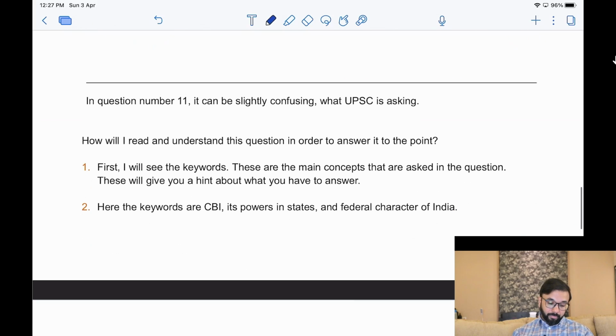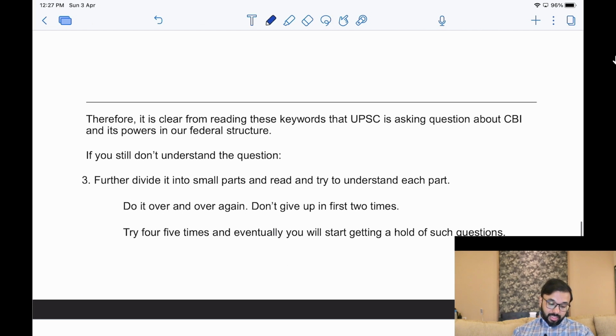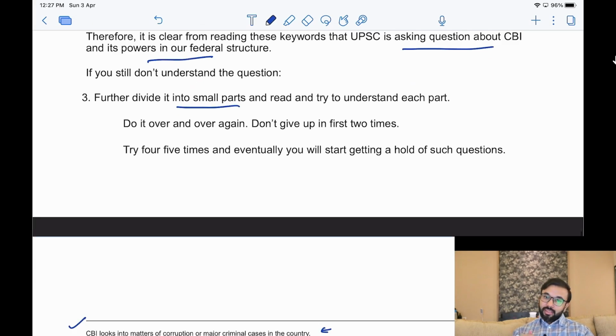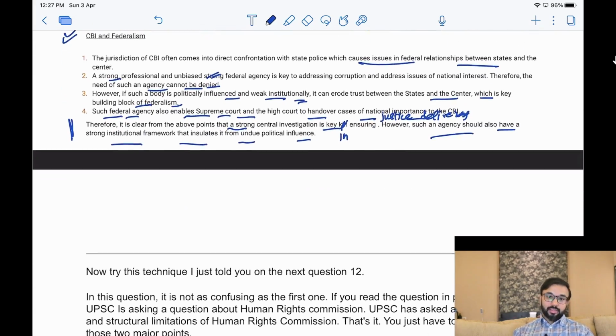So first I saw the keywords, I defined the keywords, then I knew the question is about simply CBI and the federal structure of India, and then I divided it into smaller parts and tried to answer those smaller parts in order to get this question right.